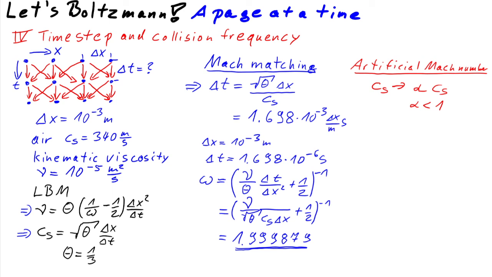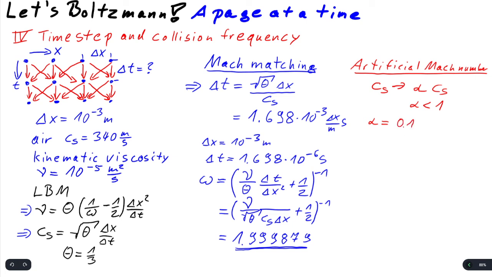So if alpha is equal to 1, this would just mean that we deal with the normal speed of sound. Here we could, for example, say that alpha is equal to 0.1.